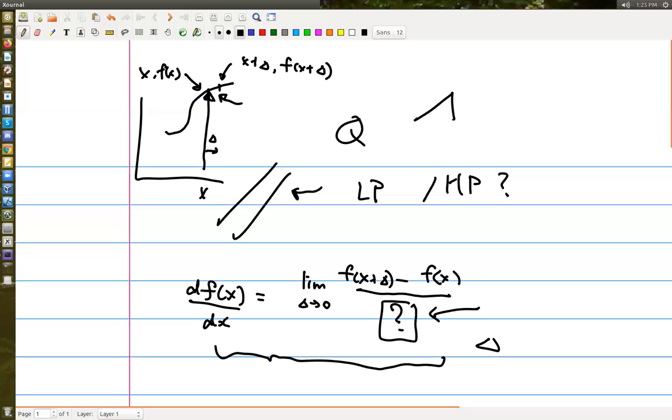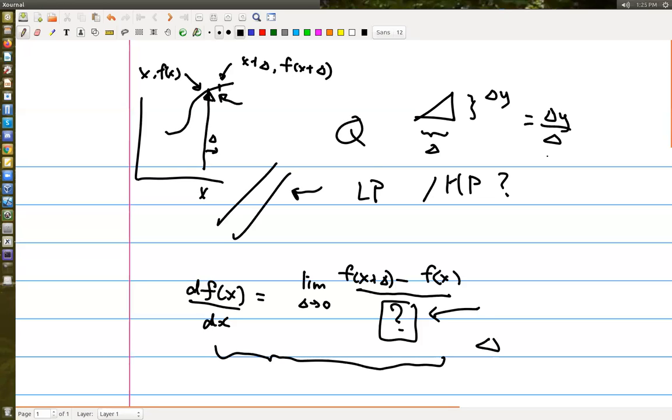The slope of something, let's call this delta y here, and this is delta here. Then the slope will simply be delta y over delta, and that will be the derivative.